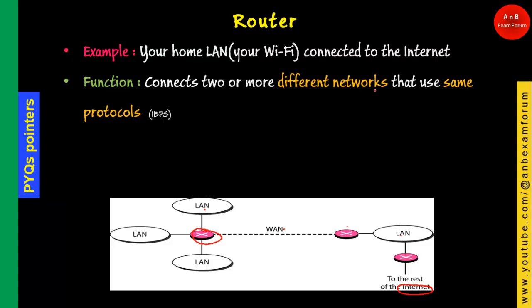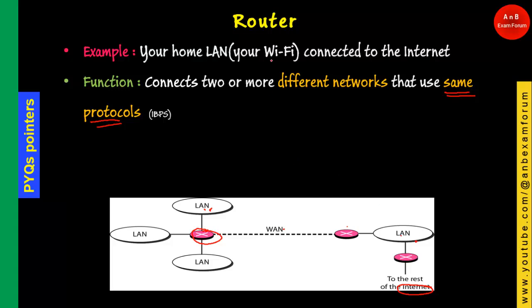The primary important point is that it connects those networks which use the same protocol. What do you mean by same protocol? For example, this LAN uses the TCP/IP model, so again this LAN should use the TCP/IP model only, then only the router will work.